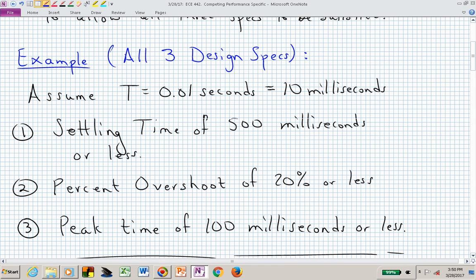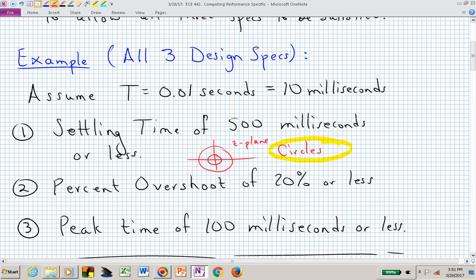And again, what I'm hoping that you start to do when you see these performance specifications is to see the geometric figures associated with them. For example, on the settling time, you should be seeing concentric circles, and the smaller the circle, the faster the settling time. Again, these are in the Z-plane.